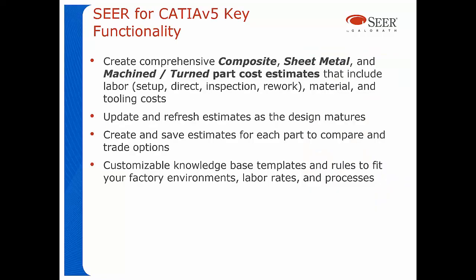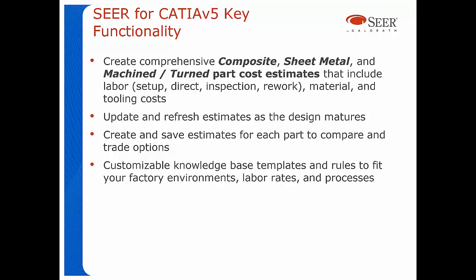For the SEER for CATIA key functionality, we have essentially three interfaces right now. We worked with Dassault specifically to develop these. We have an interface for composites, sheet metal, and machine parts.